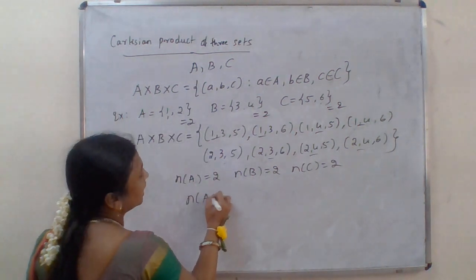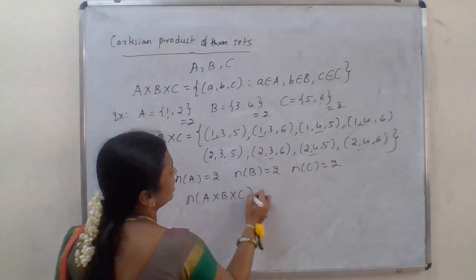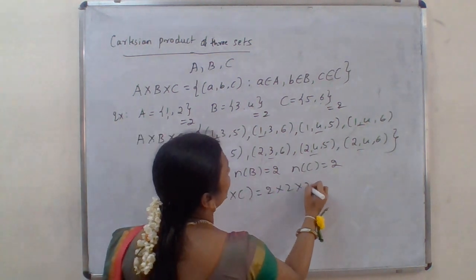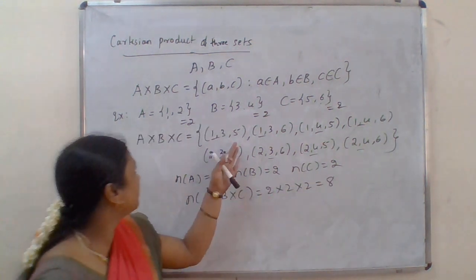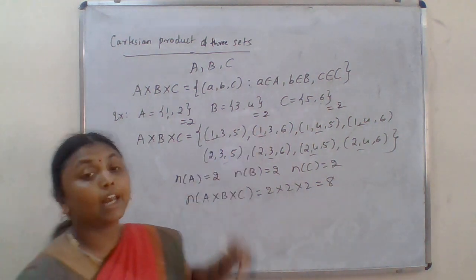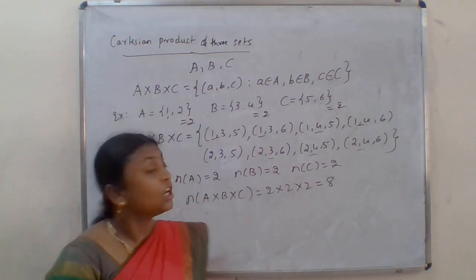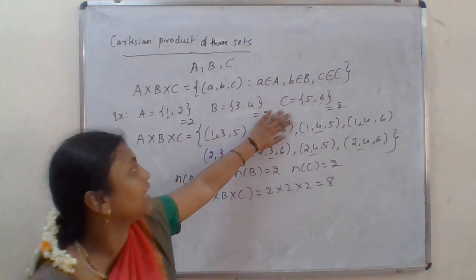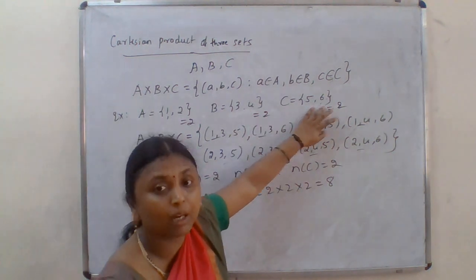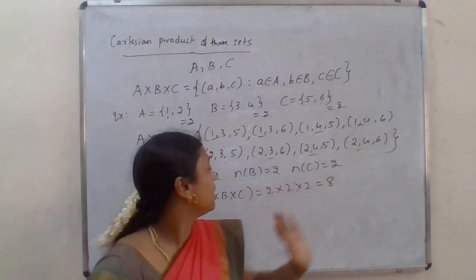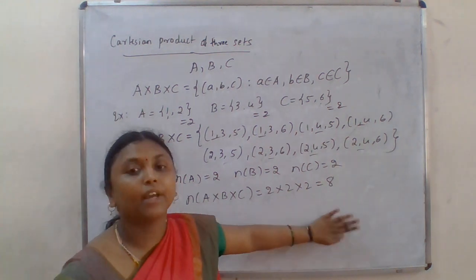So n of A cross B cross C is equal to 2 into 2 into 2, that is 8 elements. One triplet is one element, the second triplet is the second element, and so on. So in total there are 8 elements.